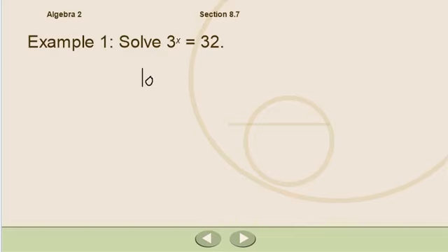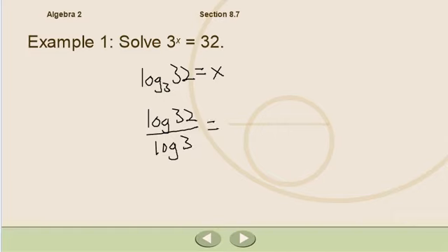So we have log base 3 of 32 is equal to x. Well, we're not as familiar with log base 3, but we can use the change of base formula, which says we can take the common log of 32 over the log of 3.